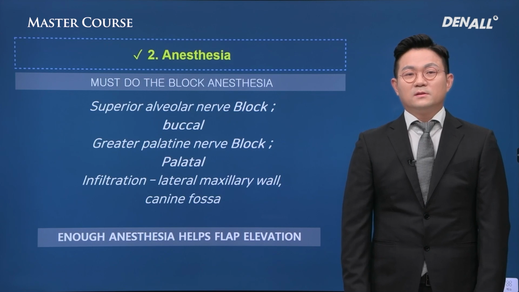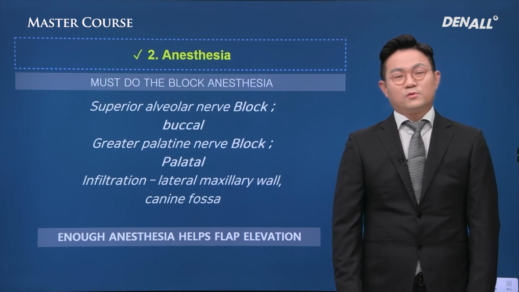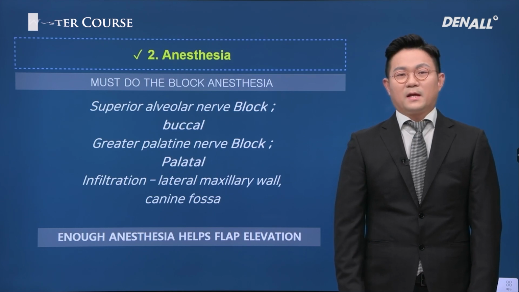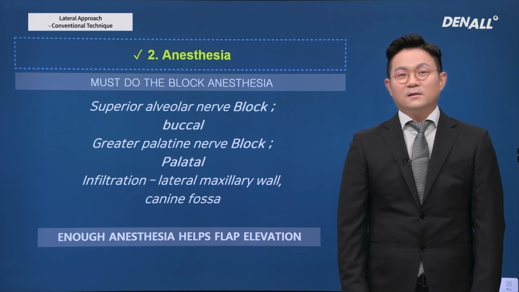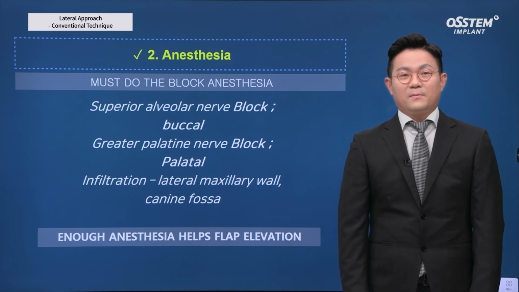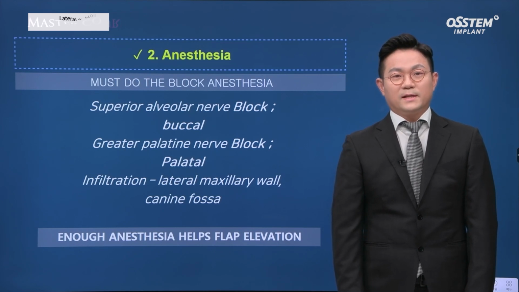And then anesthesia. To do lateral approach, basically, you have to do block anesthesia. There are two things to be considered. First is superior alveolar nerve block, and then greater palatine nerve block.